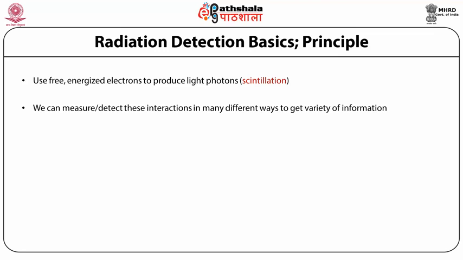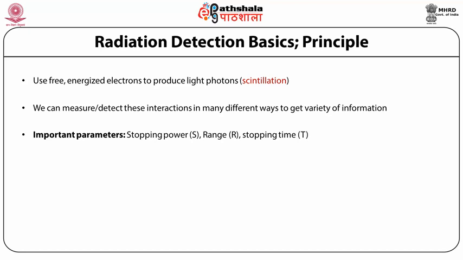So when the radiation interacts with matter, either charged particle pairs or light photons are produced. The important parameters to detect any kind of radiation are three: stopping power, range and stopping time.